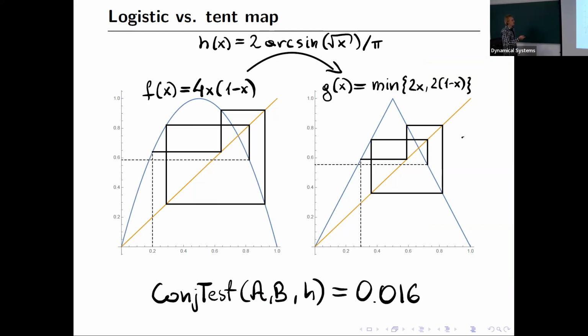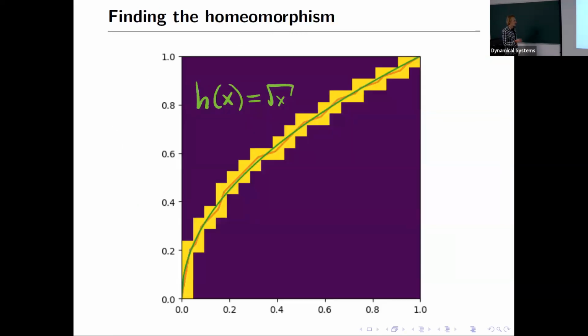Of course, we know this is a super difficult problem, finding such a map. But we decided that there might exist at least a heuristic for finding it.